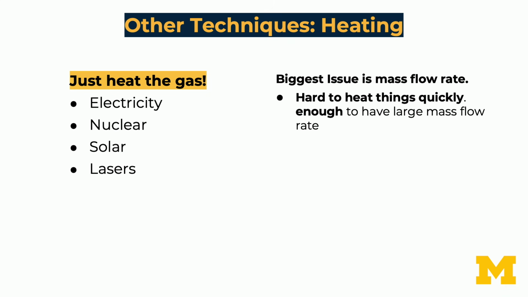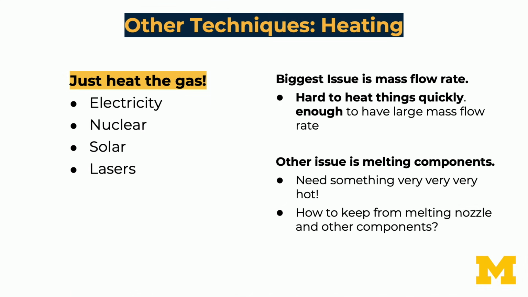But the biggest issue with all of these other things is that it's really hard to get things to heat up very, very quickly. So you're mass flow limited. When you change to these new technologies, it actually limits the mass flow rate. And remember that thrust is the exhaust velocity times the mass flow rate. So if you can't have a large mass flow rate, you limit the amount of thrust, even though you've increased the exhaust velocity a bit.